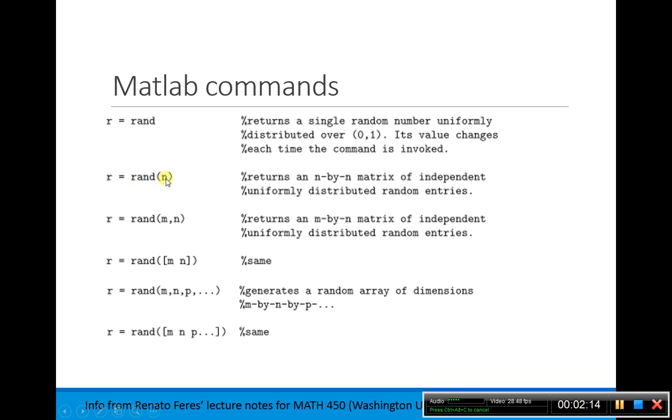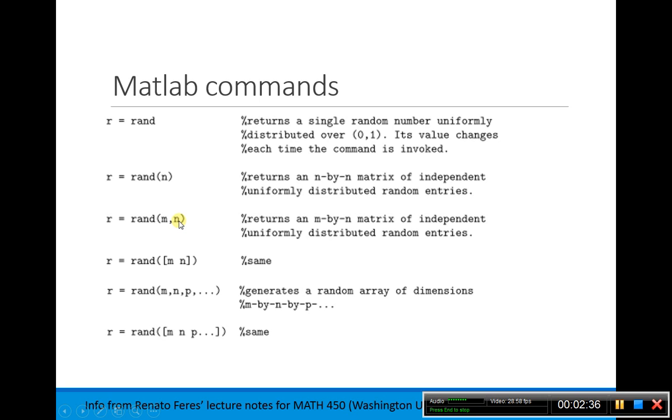If you have rand(10), then this is going to give you a 10 by 10 matrix with numbers drawn from a uniform distribution. It's going to have entries drawn from a uniform distribution between 0 and 1. And if you have rand(m,n), then this is an m by n matrix.